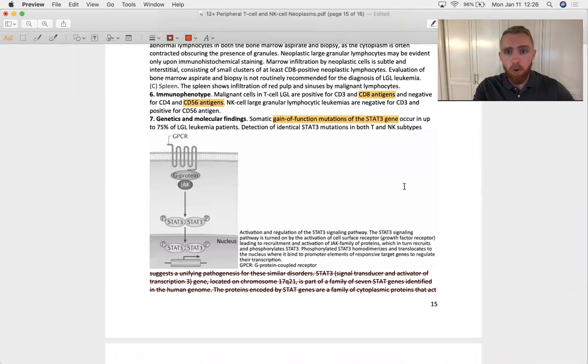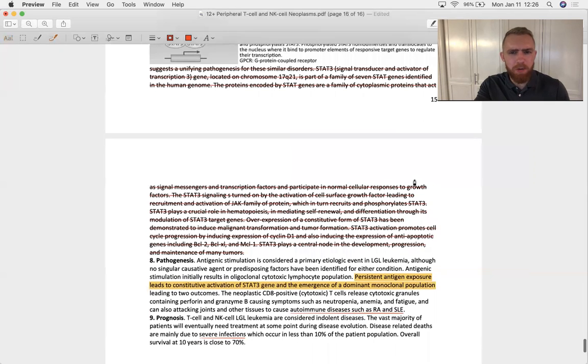Finally, what do they want to ask you? Well, what's the gene and what's it do? The mutation in large granular leukemia, T or NK cell variant, is going to be a gain of function mutation in STAT3. What does STAT3 do?